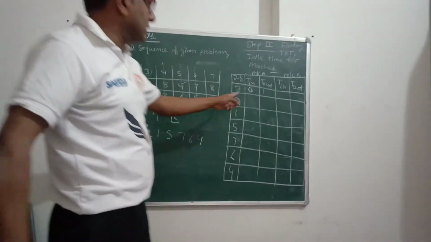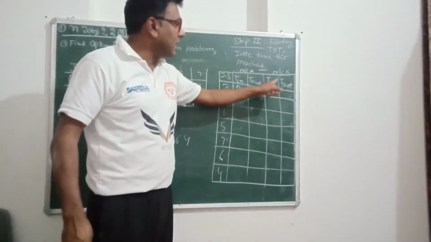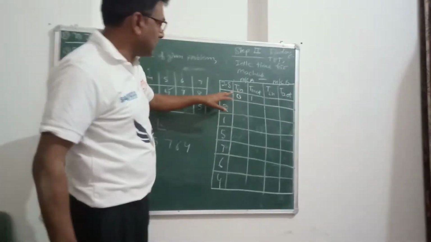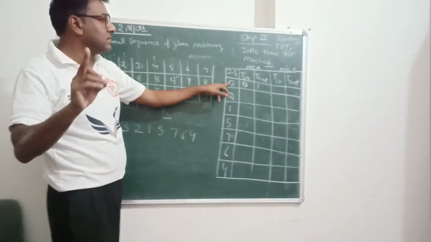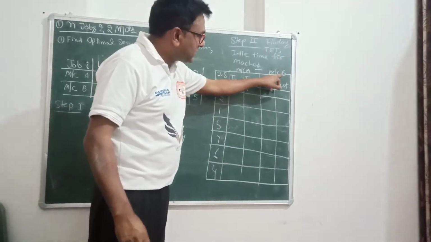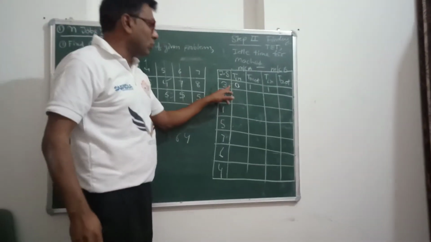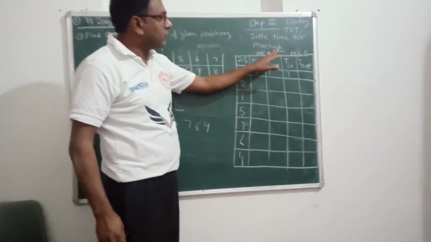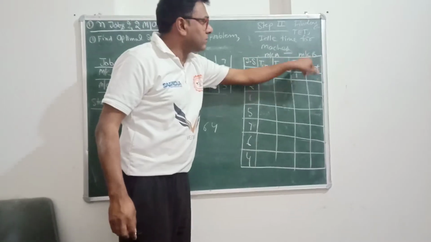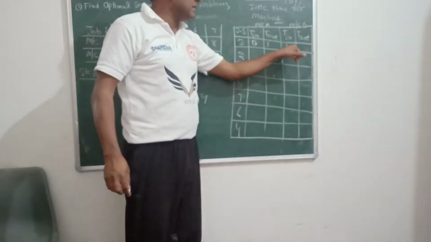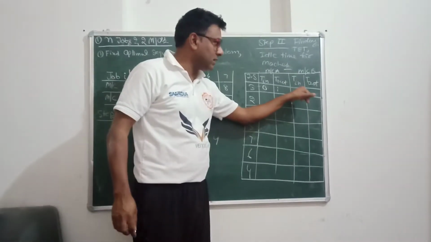Now for this 1 minute there is no job at machine B, because the third job has to be performed first, so the in time for machine B will be 1, as job 3 will be moved after completing its task on machine A. Now the in time for machine B for job 3 is 1 minute.